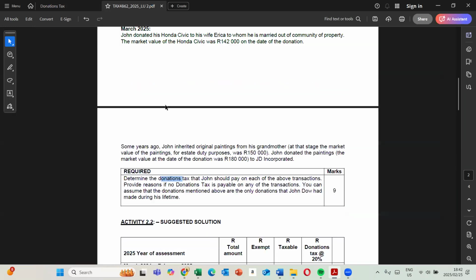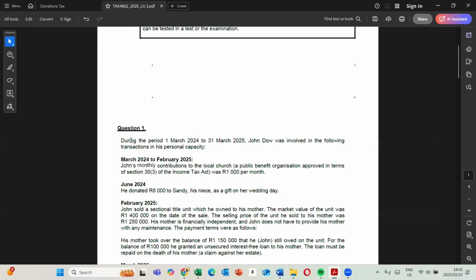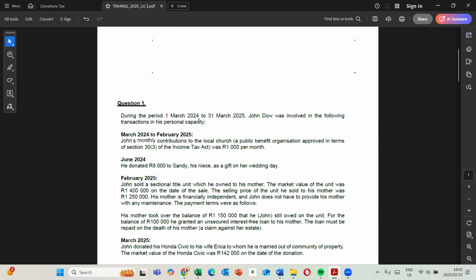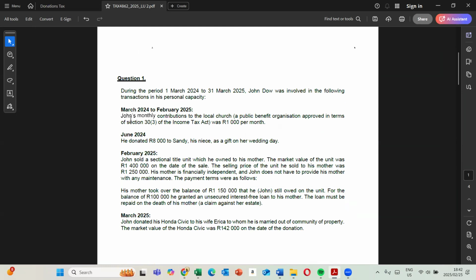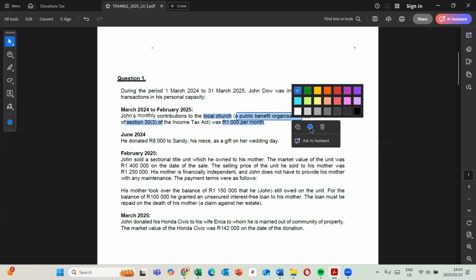Let's look at the information that we have. During the period 1st of March 2024 to 31 March 2025, John Doe was involved in the following transaction in his personal capacity. John's monthly contribution to the local church, a public benefit organization approved in terms of section 30, subparagraph 3 of the Income Tax Act, was 1,000 per month. Do you see John is making a donation to an approved public benefit organization?